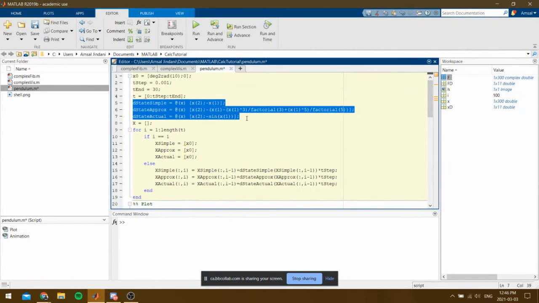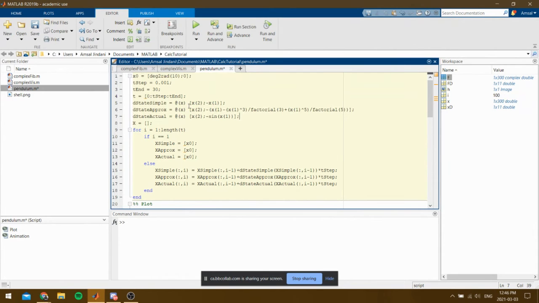And then here are my derivative functions. You can see that the simple derivative is just equal to, so remember x2 is our angular velocity. So yeah, the derivative of the angle is the angular velocity. And assuming g and L are 1, the angular acceleration is just minus theta, so it's minus the angle, which is x1.